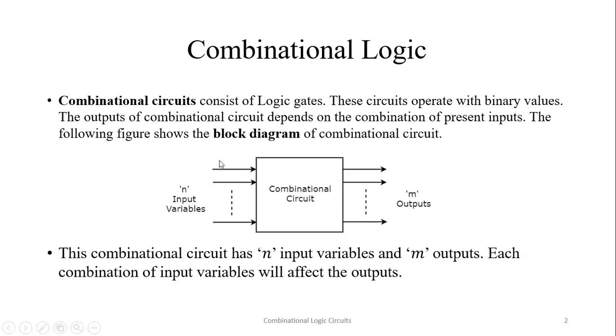In a sequential logic circuit, the present input state and present output state determine the next state, while in a combinational logic circuit only the inputs present at any instance of time determine the outputs. This combinational circuit has n input variables and m outputs. Each combination of input variables will affect the outputs.